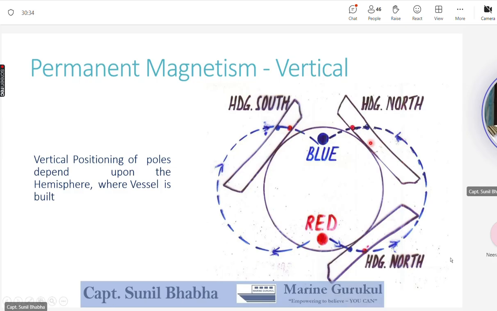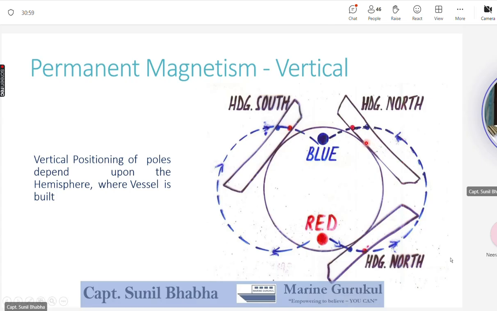So since they are entering into the deck of the ship, it will acquire a blue polarity. And since they are leaving or coming out from the keel of the ship, it will acquire a red polarity. This is exactly the same situation for which I showed you the diagram in the previous slides also. We saw a ship standing in a yard and the magnetic field lines were going vertically downwards.